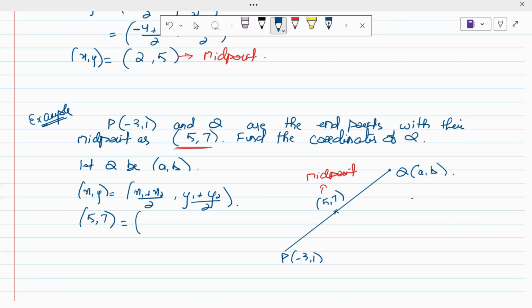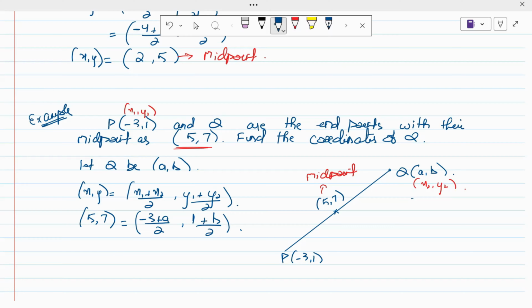Here (-3, 1) would be the x1 and y1, and (a, b) would be the x2 and y2 for us. So x1 plus x2 would be (-3 + a)/2, and y1 plus y2 would be (1 + b)/2. So we have set up the midpoint formula here.